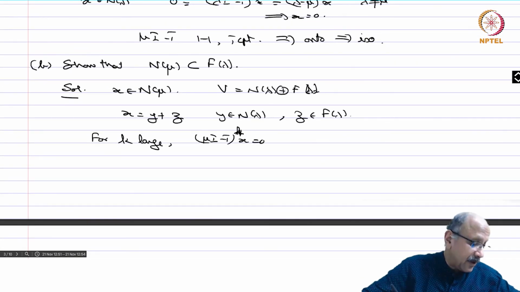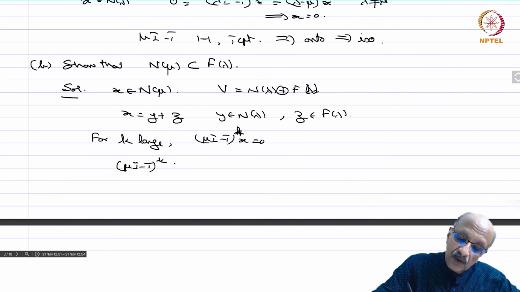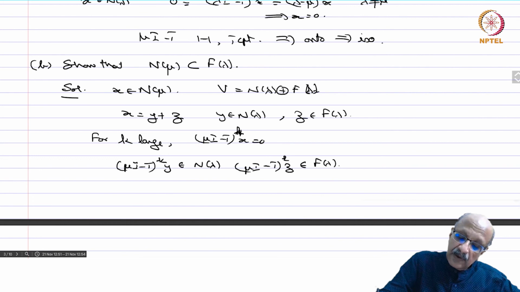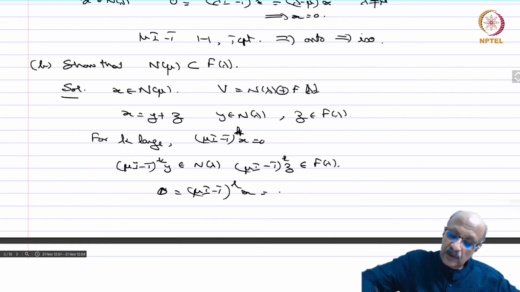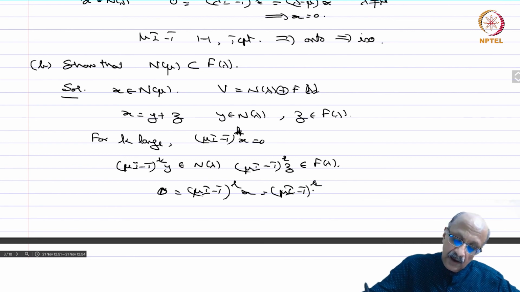Okay, but (mu I minus T)^k y continues to live in N(lambda), and (mu I minus T)^k z continues to live in F(lambda), and you have 0 equals (mu I minus T)^k x, which is equal to (mu I minus T)^k y plus (mu I minus T)^k z.